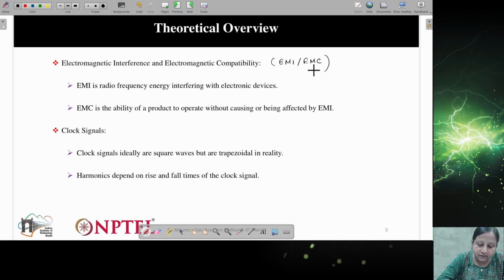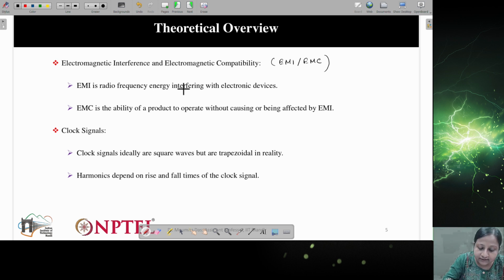EMI is the radio frequency energy interfering with electronic devices. This interference, as I discussed in the previous slide, can be through any of the coupling media. This coupling medium will be present in the PCB by default, so this will cause EMI type of interference.